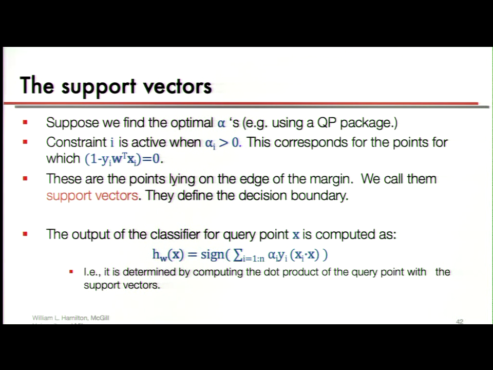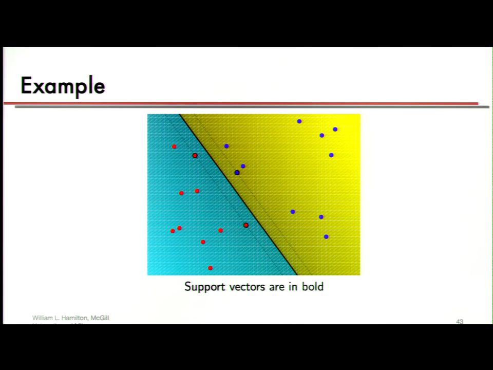And so at the end of the day, what we learn is this hyperplane that separates our data points. This is just a linear plane W, but now we're not actually representing W as a vector anymore. We're representing it as a linear combination of a small set of what are called support vectors. So this is again showing an example of one of these separating hyperplanes.